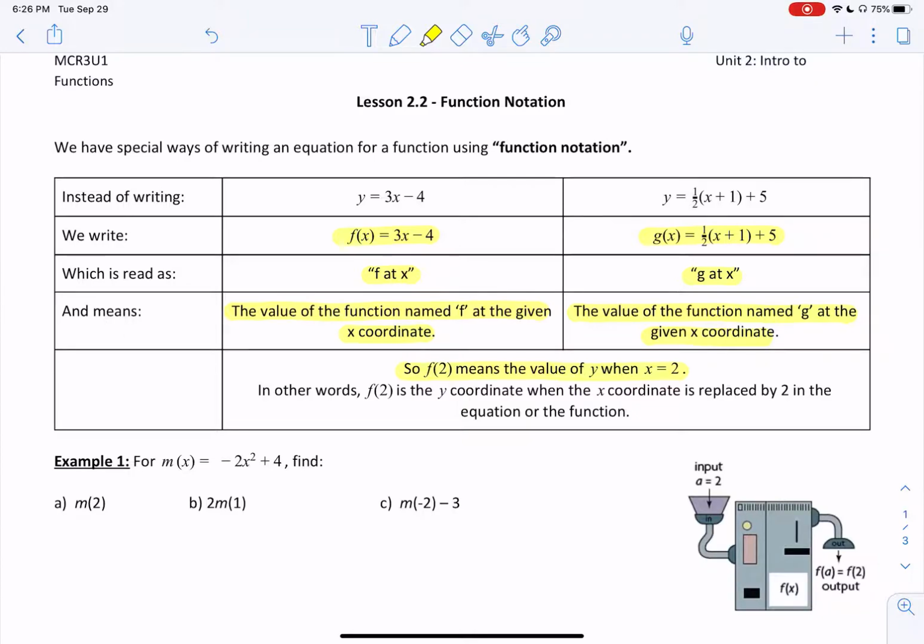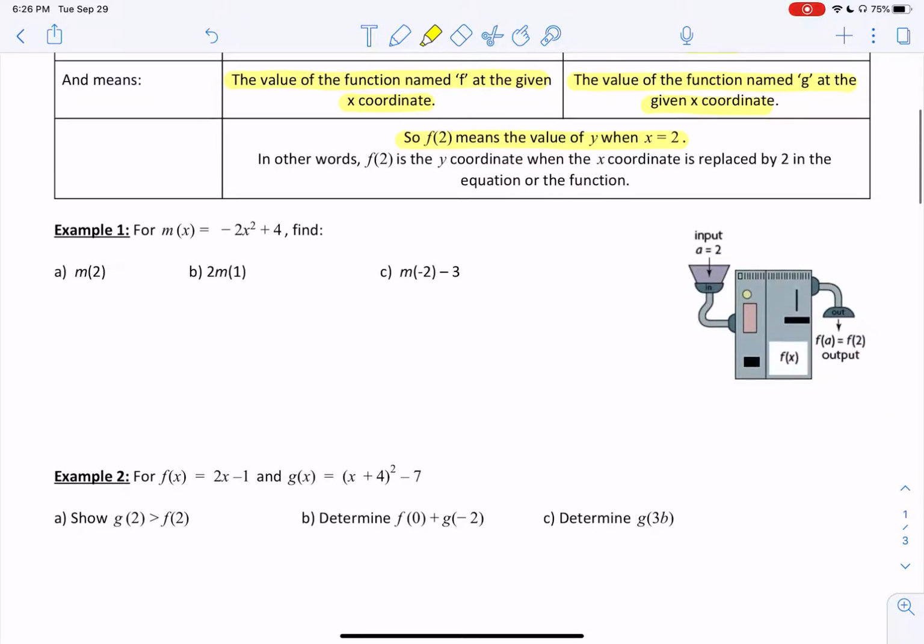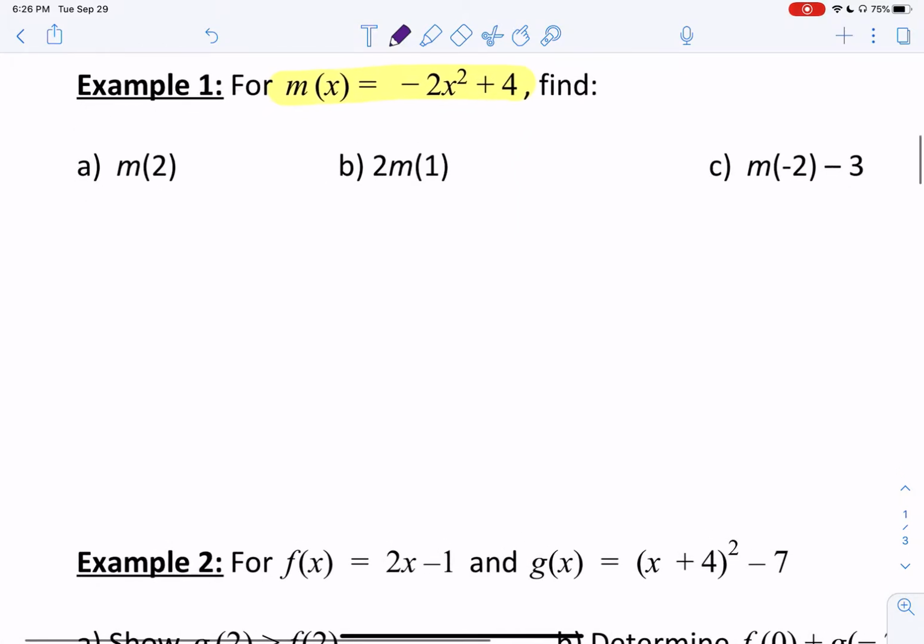So let's do a few examples here. For m at x, so this whole thing is m at x, we first need to find m at 2. So what that means is instead of writing an x in the equation, I'm just going to write a 2.